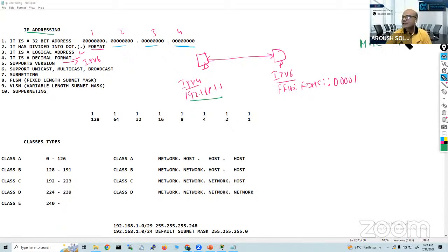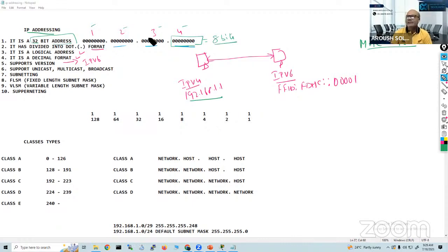The MAC address size is 48 bits. The IP address size is 32 bits. Remember, the size of IP addressing is 32 bits. It has 4 octets, 1, 2, 3, and 4. Each octet contains 8 bits.